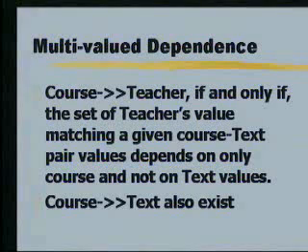The independence which I was talking about is that, if I know the course, there are multiple teachers who are teaching it, which are independent of the texts which are there. So this is what this statement means. And the second statement is that course determines teacher also implies that course multi-determines text should also apply in the given relation.